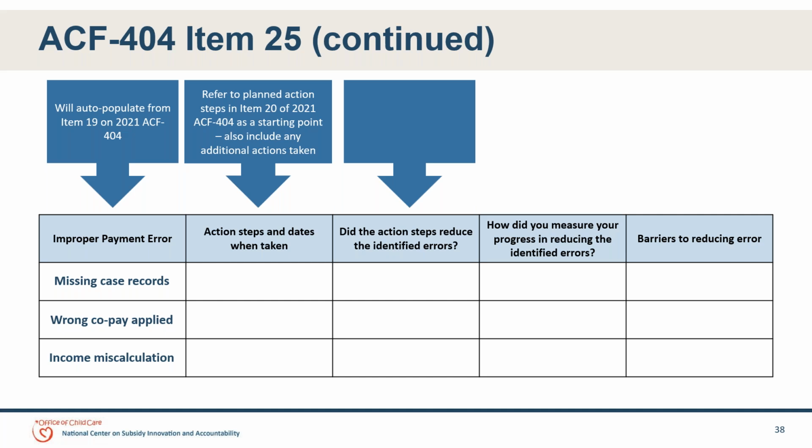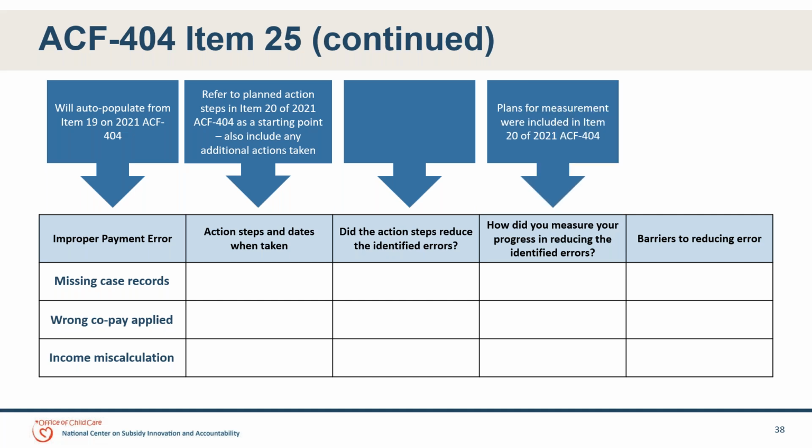Yes, the next column is just asking, did the action steps reduce the identified errors? And here you can just simply say yes or no. You're welcome to say more if you want, but you don't have to.